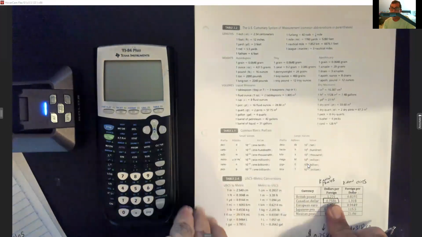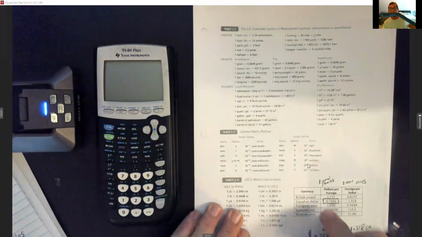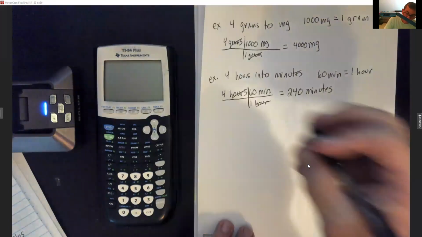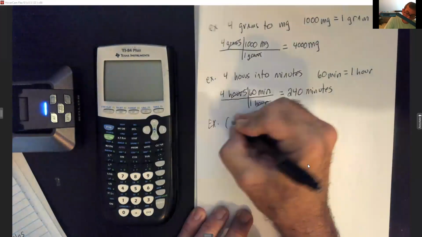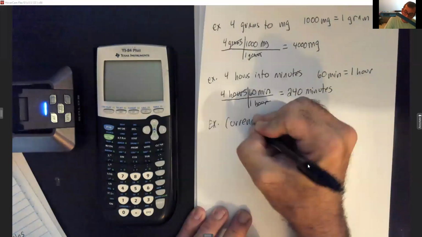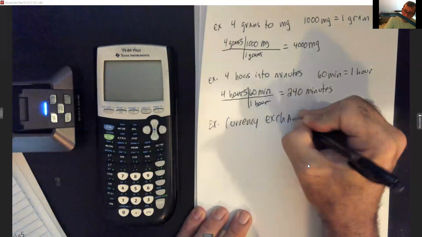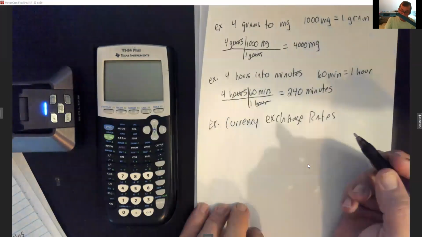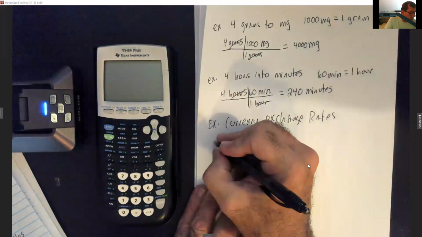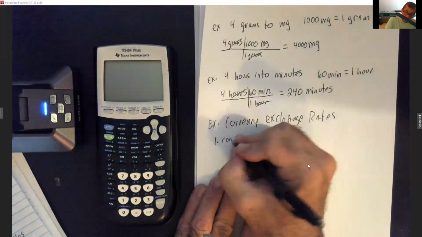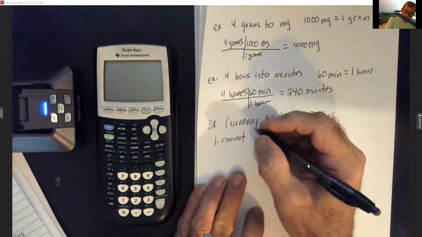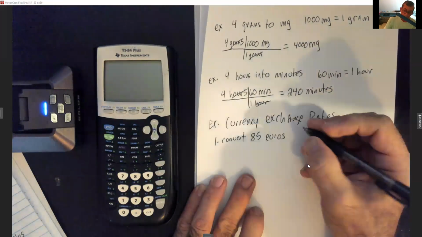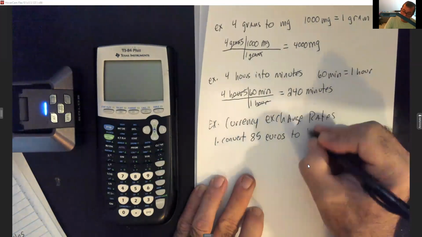Now, I sent you a copy of this table in your email last night. So these examples are currency exchange rates. It's doing the same thing I've been doing, just with money. So number 1 wants me to convert 85 euros into dollars.